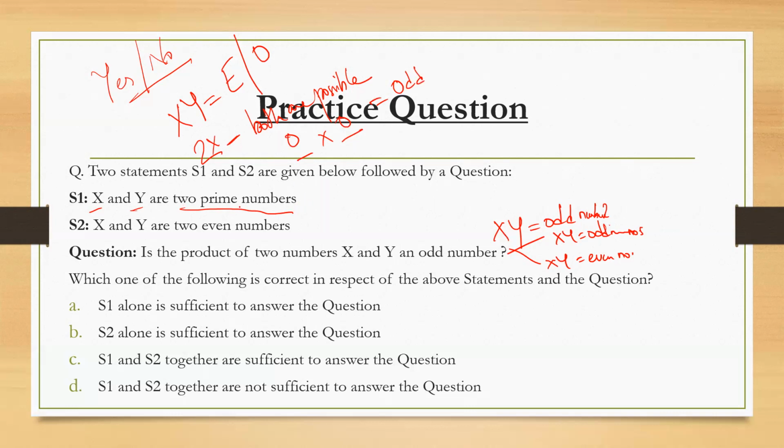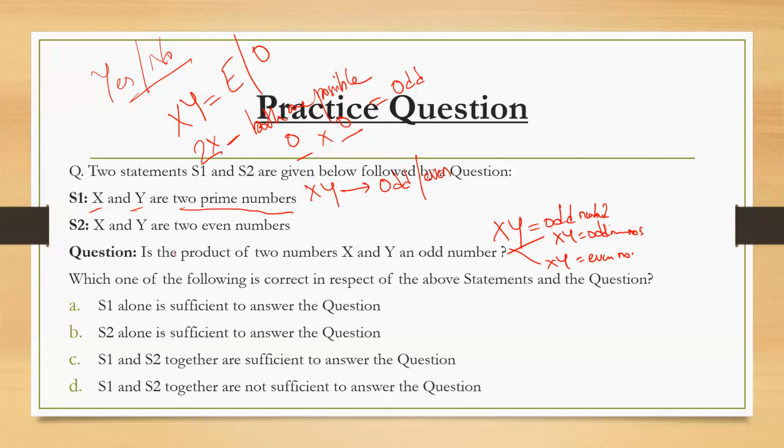When x and y are two prime numbers, xy can be either odd or even, depending upon whether we are taking 2 here or not, as either x or y.